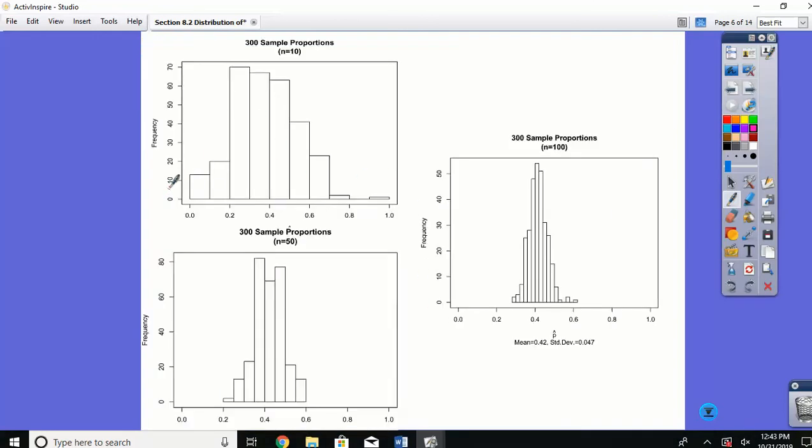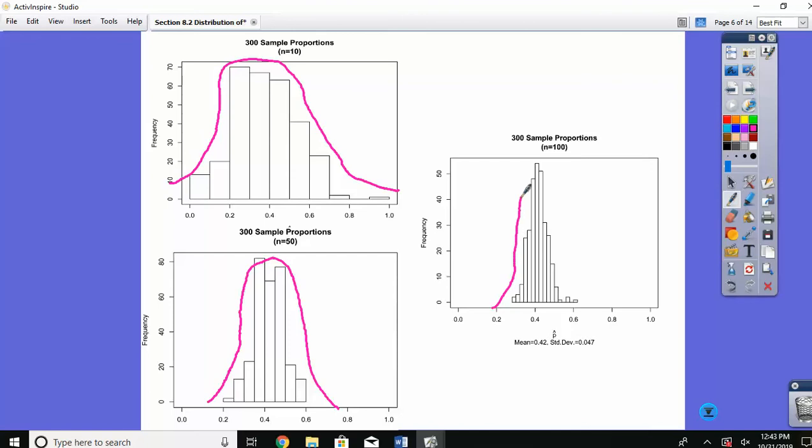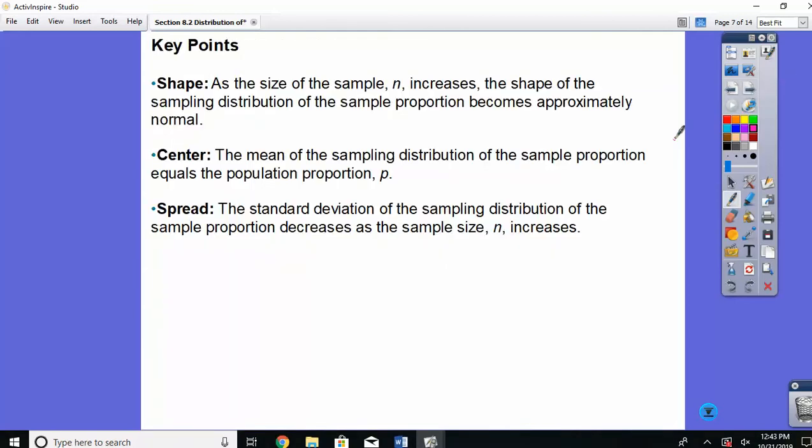This would be when n is 10, and we see something like this. When n is 50, when n is 100, what are you noticing here? It gets better, more normal. Yeah. Haven't we already kind of seen that before? So this is still the case that higher n's look more and more normal.